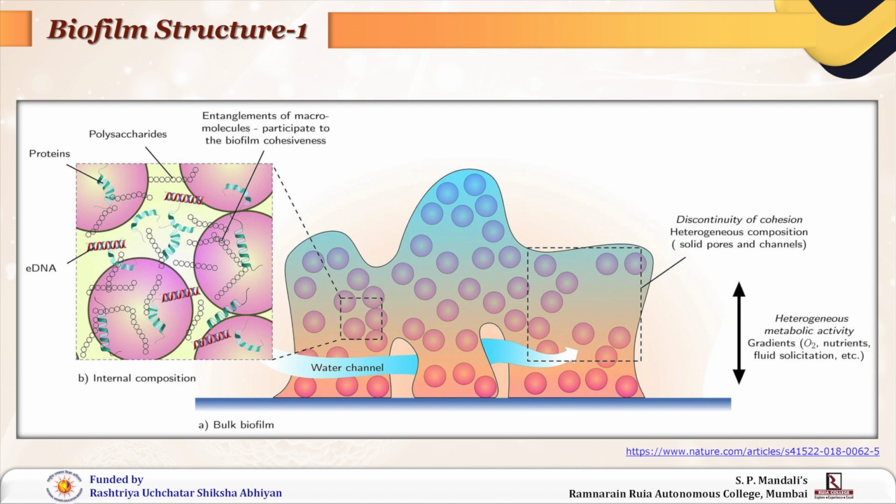It also indicates the heterogeneity in terms of metabolic activity, where one can see that there are gradients of fluid movement as well as oxygen concentrations that diffuse through the biofilm. The second one is showing the internal composition of the biofilm, which shows us how the microorganisms are entangled in the polysaccharides, proteins, extracellular DNA, etc., and how these microorganisms form microcolonies inside the biofilm.